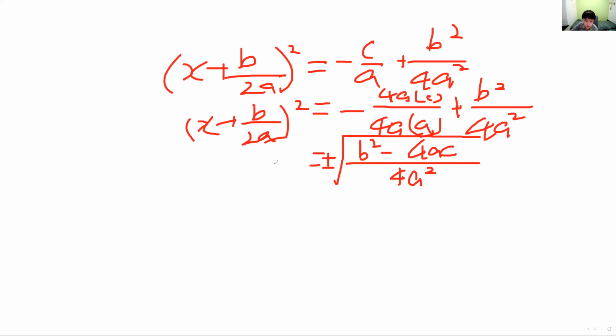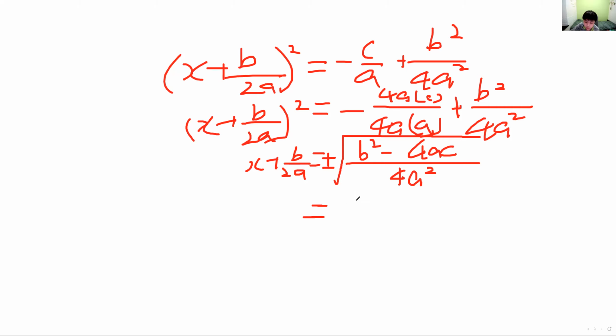So as we have done with this one, we can just say x plus b divided by 2a. Okay, and then we just have to square root the 4a squared, because we can factor it out.